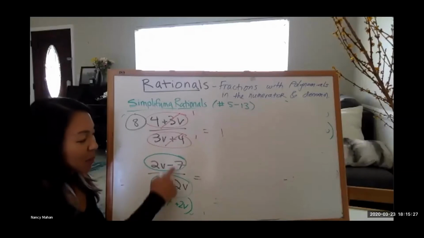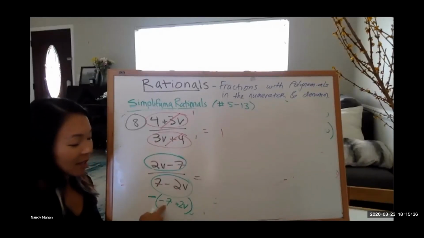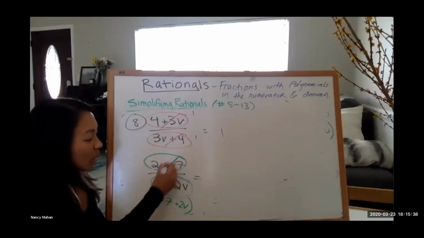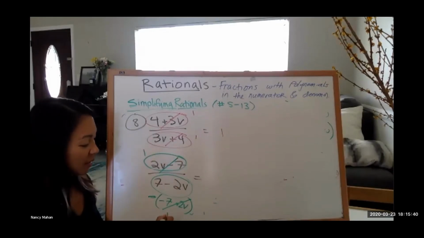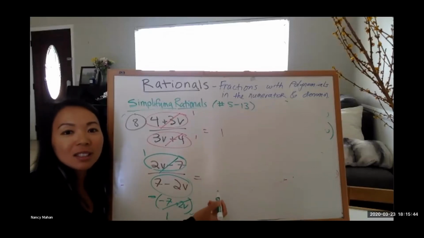Now, is the top and the bottom the same? Yes. Great, good job. So the top and the bottom, this is a positive 2v, positive 2v, negative 7, negative 7. These are the same, so we can cancel them and it becomes a 1. So I have a 1 divided by negative 1, which would just give me negative 1. Any questions on that?